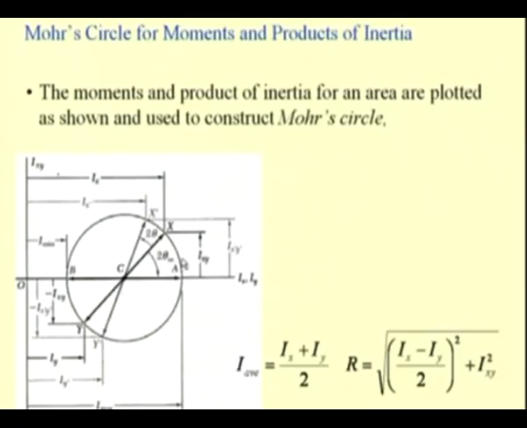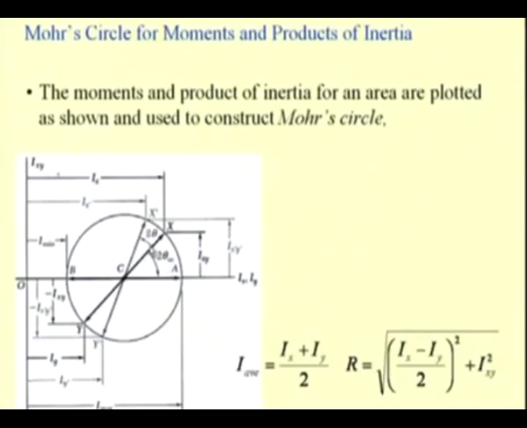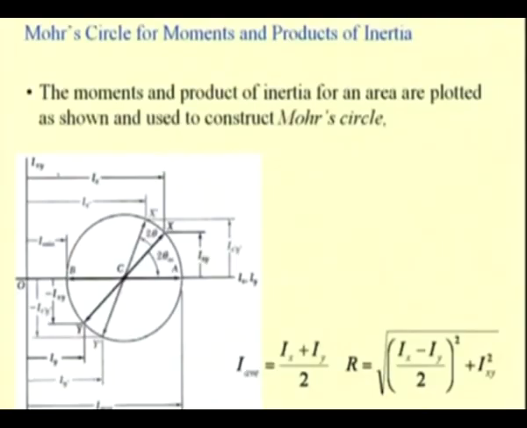It is possible now to use a graphical method by first constructing this circle and determining the required axes and values. So, if you are interested to find the second moments and product of inertia with respect to an axis which is rotated by an angle of theta in the counterclockwise direction, then on this Mohr circle we have to find a diametrical line corresponding to a rotation of 2 theta, that is X prime Y prime, this diametrical line that you see, which is rotated by 2 theta in the counterclockwise direction.